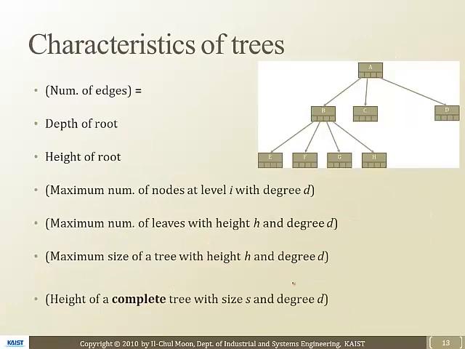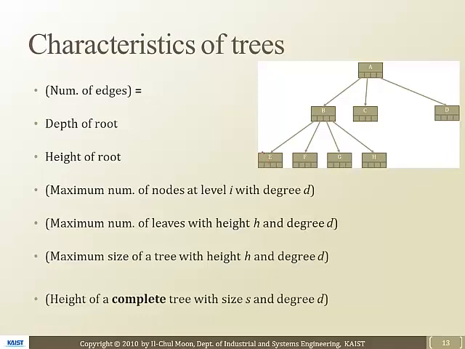Okay. After going through these characteristics, let's do some math. Let's do some algebra. Number of nodes. How many nodes are there? Actually, there is a very easy way to calculate this. Each node in tree structures has an edge to the parent.